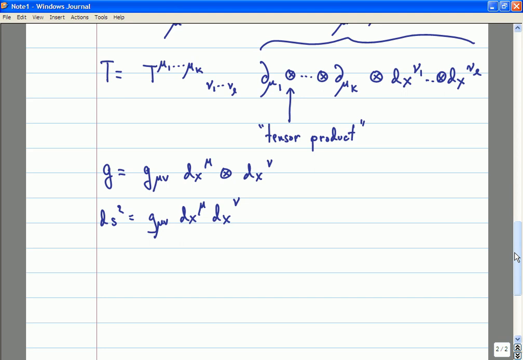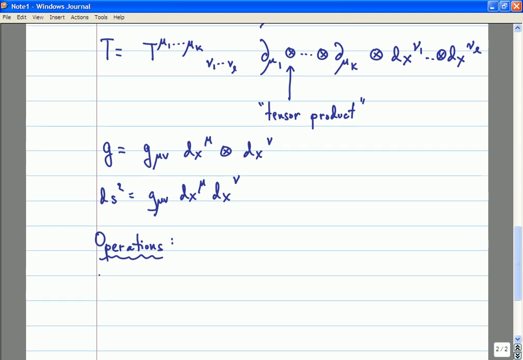Because those are the sorts of operations that I'll have to use to build up our laws of physics. Now, many of these operations may be obvious to you. Some of them may not be. But I'll go through them all in a little bit of detail just to make sure that we're all on the same page. So what could we do to tensors?